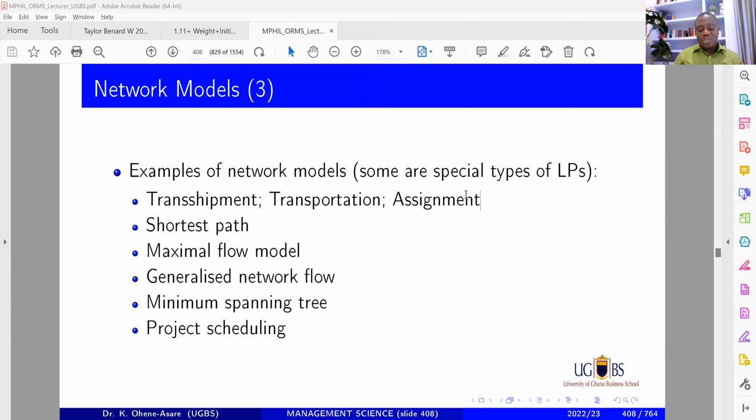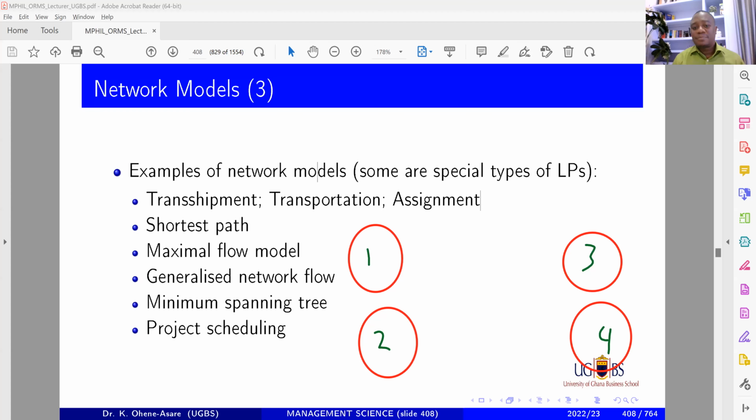All right. So we have arcs and we have nodes. Yes, so I have these nodes here.